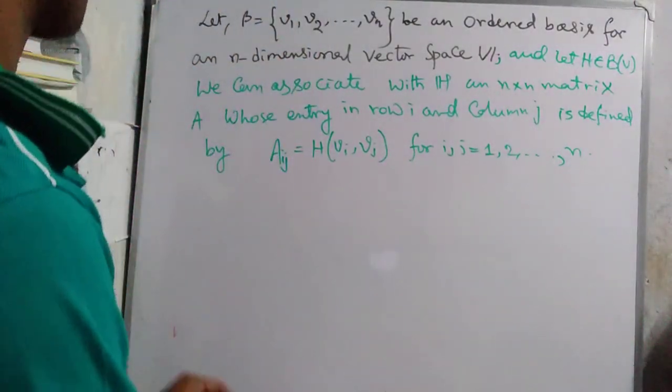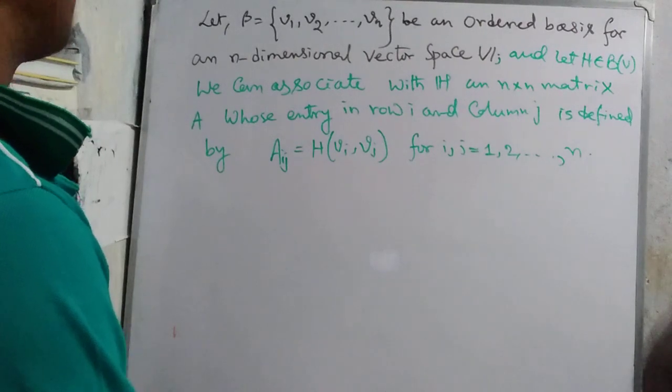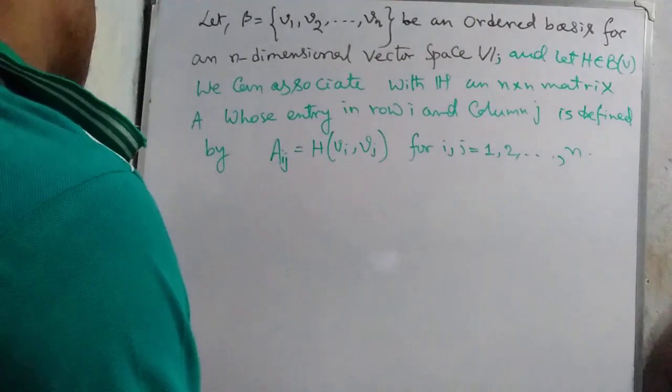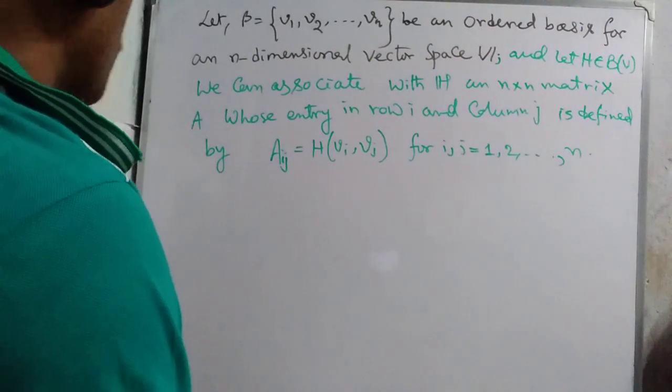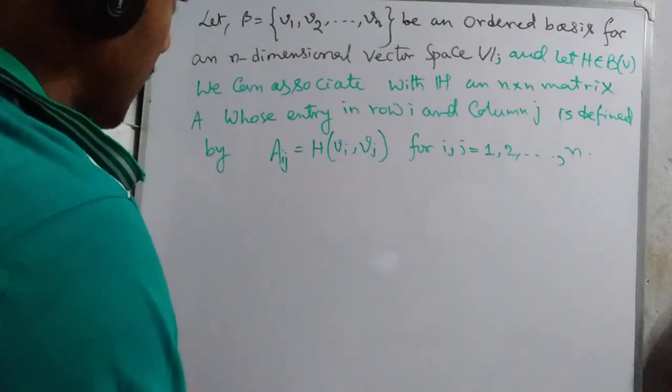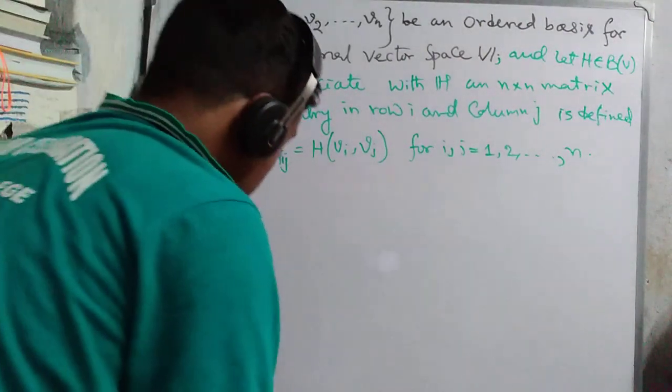Understood? That means we associate with H an n cross n matrix A whose entry in row i and column j is defined by Aij equal to H(vi, vj).